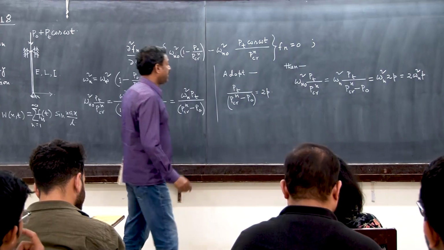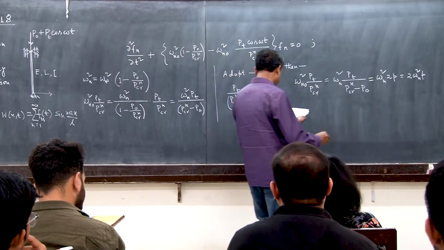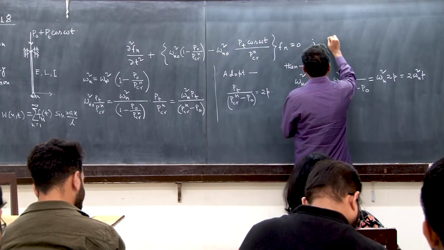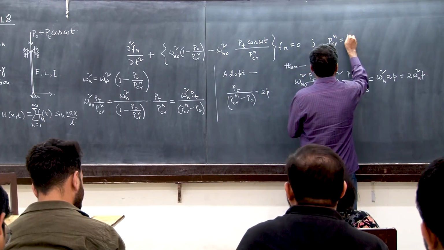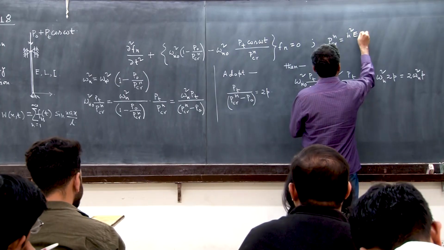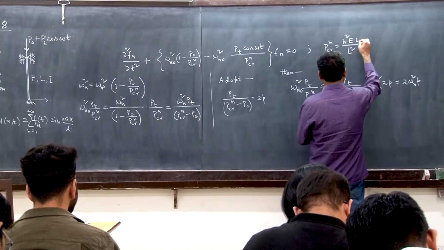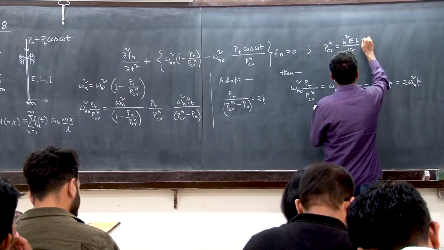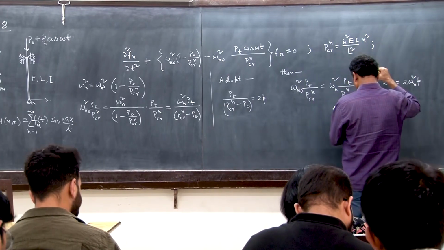Please recall that in the previous class we noted that P critical n was pi square EI by L square, with n square also there, and that was the critical loading for the nth mode.